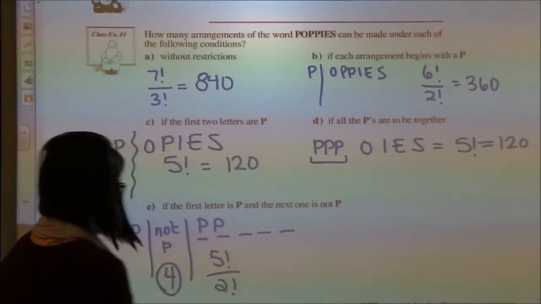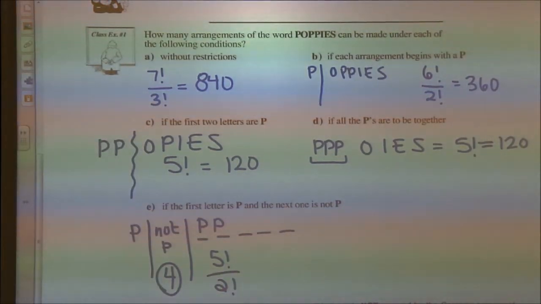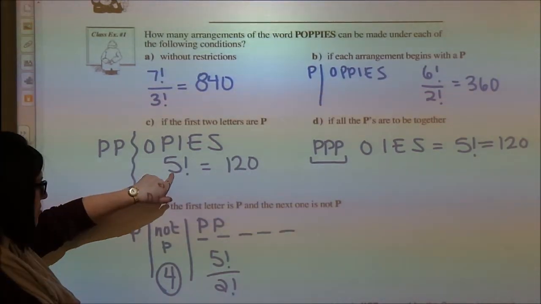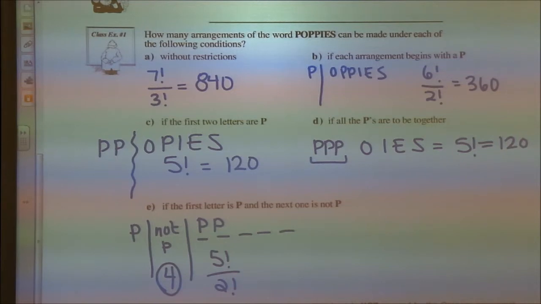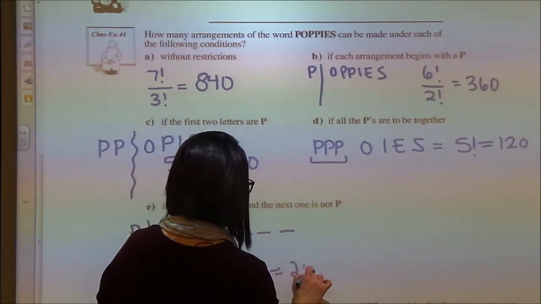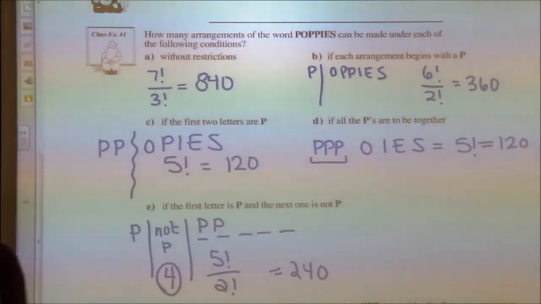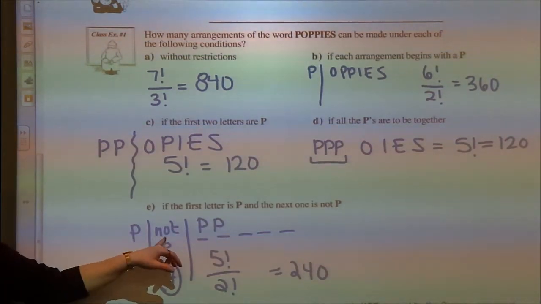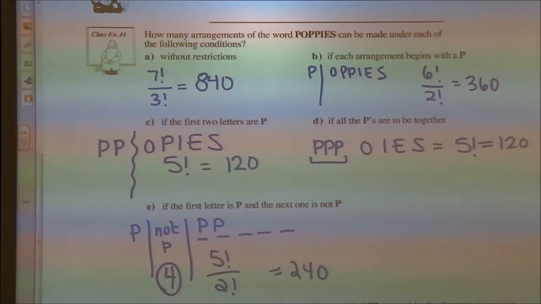So then I have to divide by that 2 factorial. So you know 5 factorial is 120, divided by 2, times 4, 240. So I would have 240 arrangements that start with a P and then the next one's not a P.